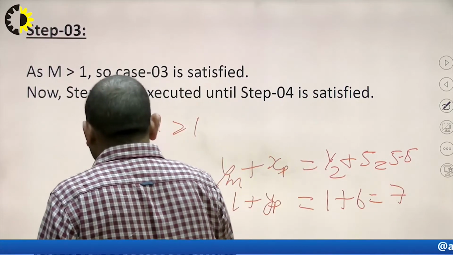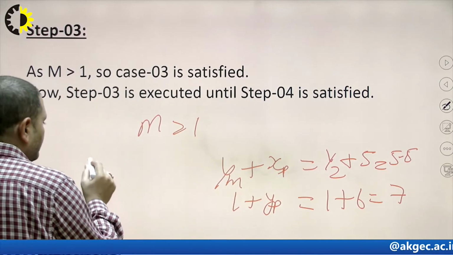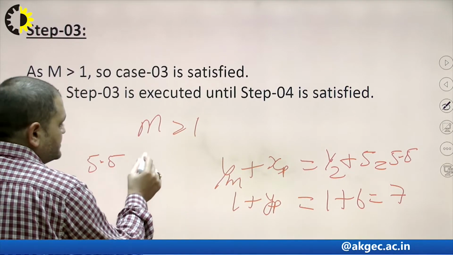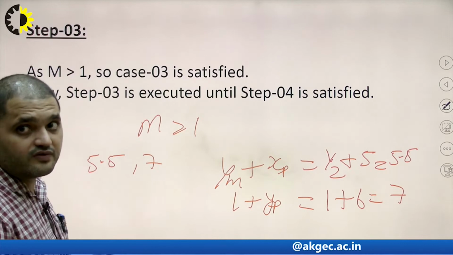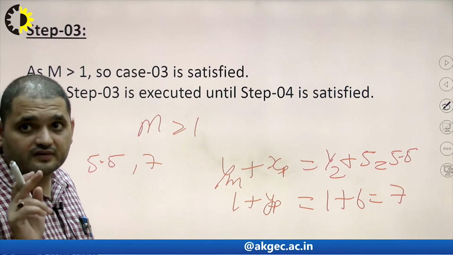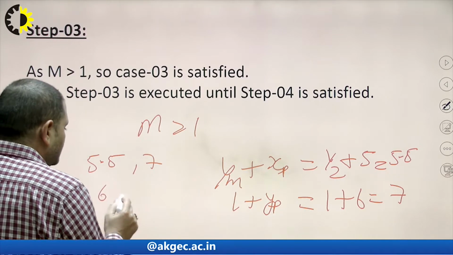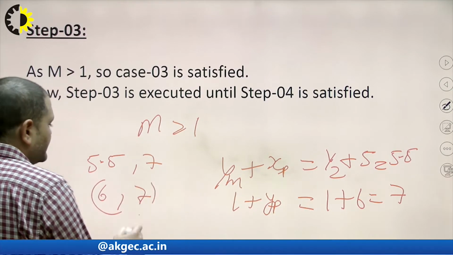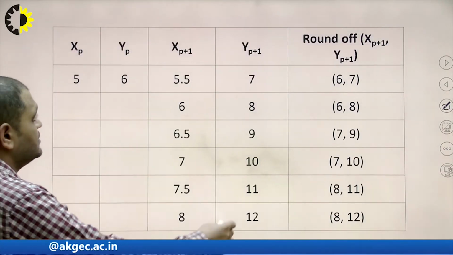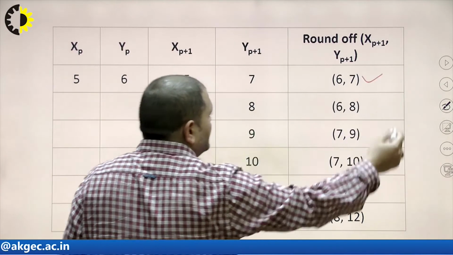So the next point is 5.5 and 7, but we have to round off, we have to take the integer value. So 5.5 becomes 6. So 6 comma 7 will be our next point.